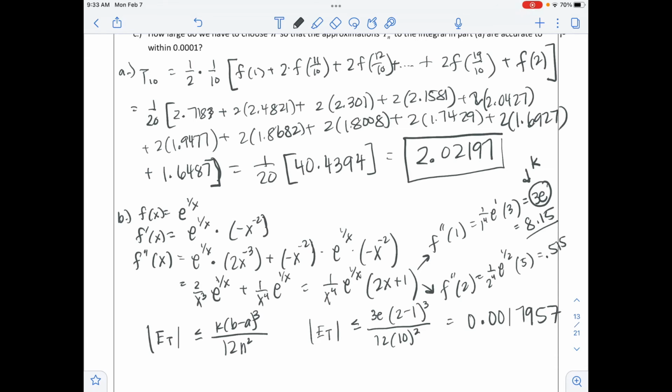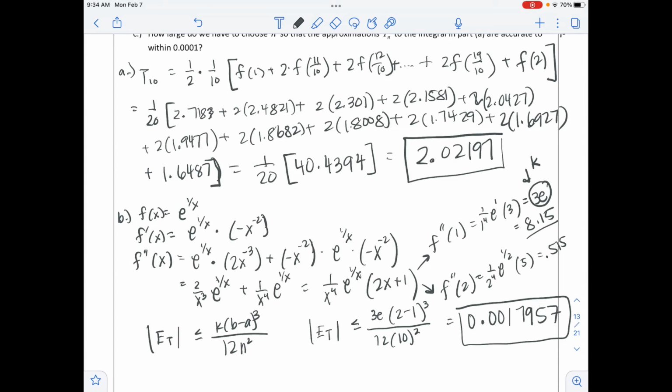And so this will be our error. And again, we chose the value of 1 for x to substitute into the second derivative, and the reason why is because our function is decreasing on that interval, and we get a larger value there and a larger bound.